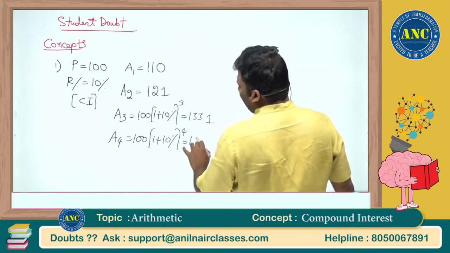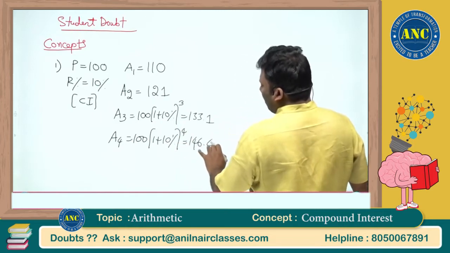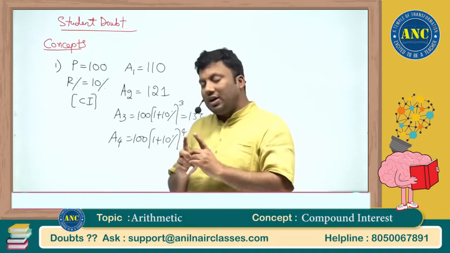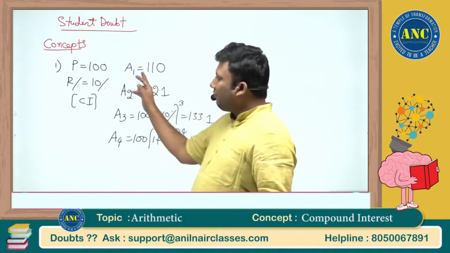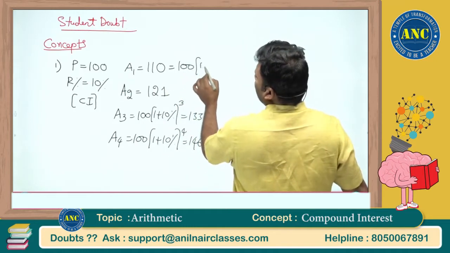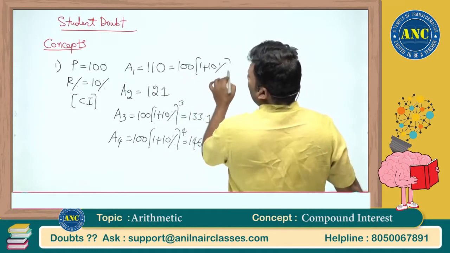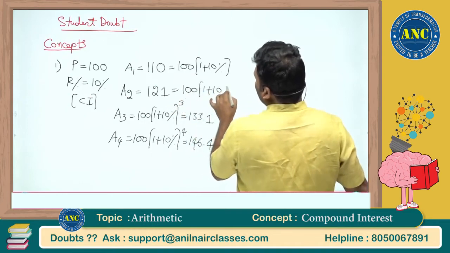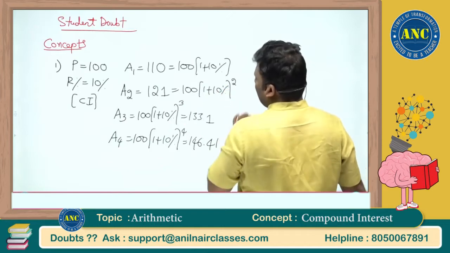We already did it by using Pascal's triangle also. It is 146.41. Amount after first year is 100 into (1 plus 10%). After two years it is 100 into (1 plus 10%) power 2.